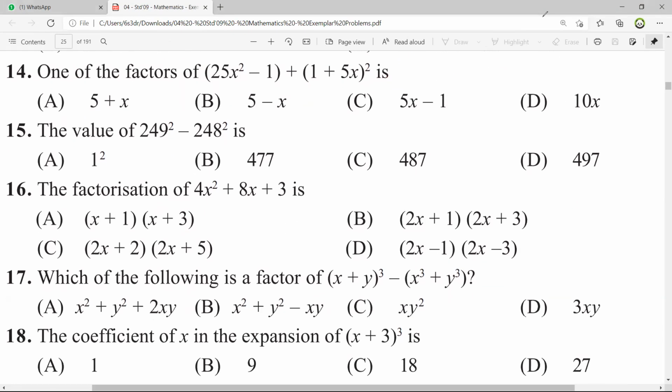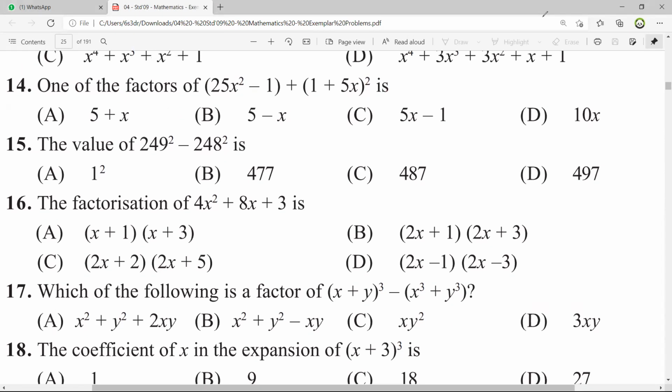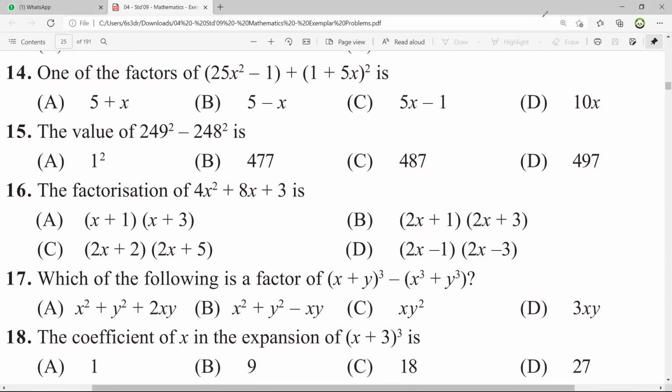14th. How will we go about the 14th one? Ma'am, first we will find the polynomial of A. Okay, so the thing is, do you see that over here we have two different brackets? So first let's simplify it.